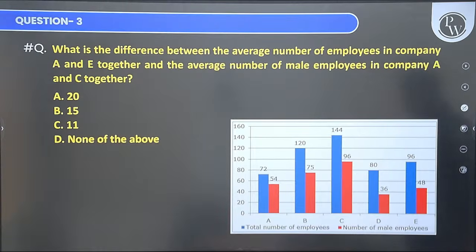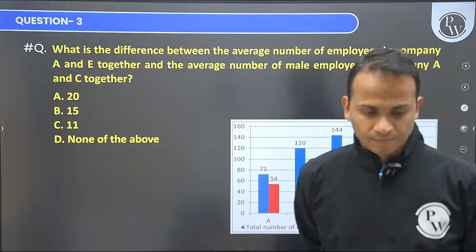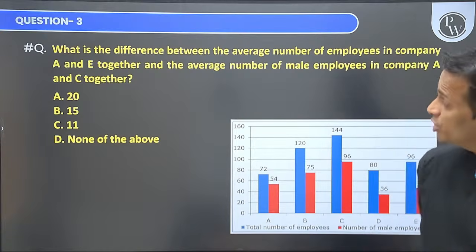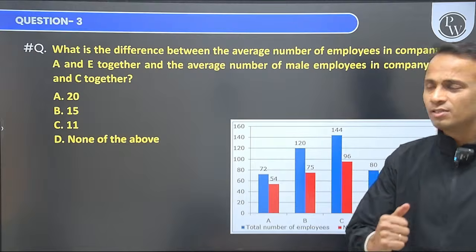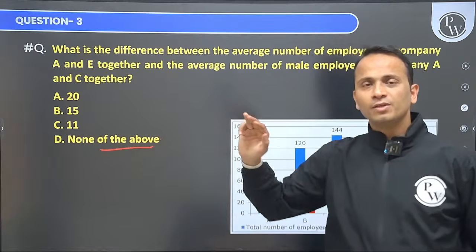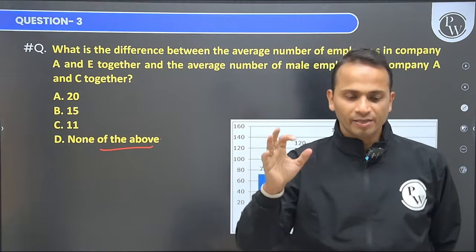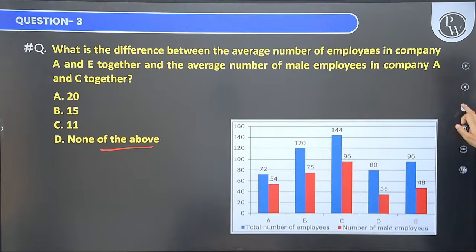All right, Aditya, good. Jaideep, can you please complete your answer like Aditya has done? If you're getting none of the above, then what is the value that you are getting? Also write the same. Come on.